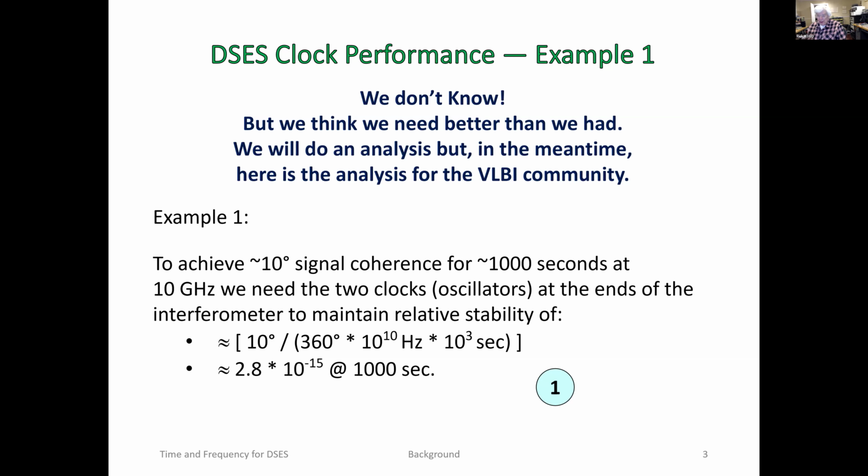And so they need oscillators that are about 2.8 times 10 to the minus 15th at 1,000 seconds. Now, DSES doesn't quite need that, but keep in mind the little bullet number one, because we're going to see where all this falls in a moment.